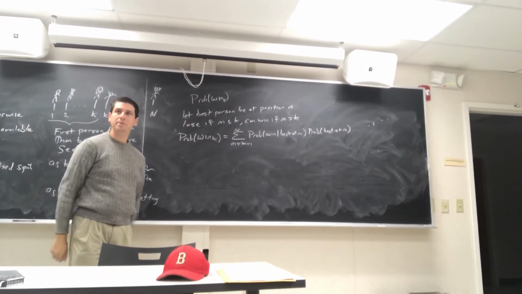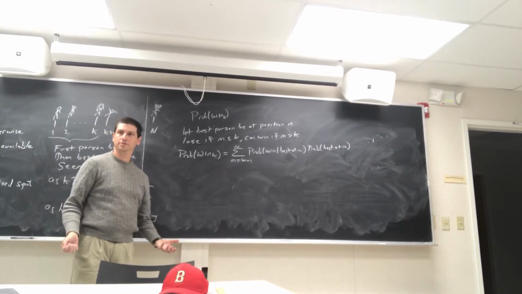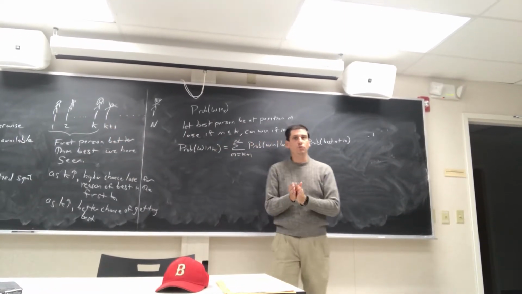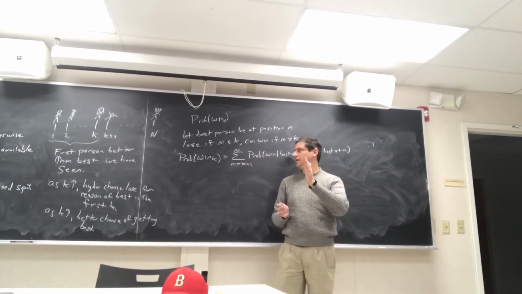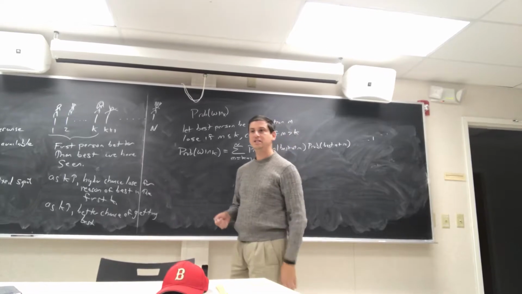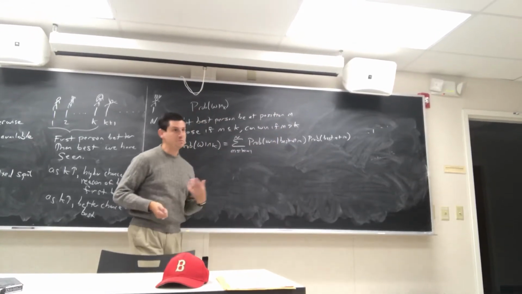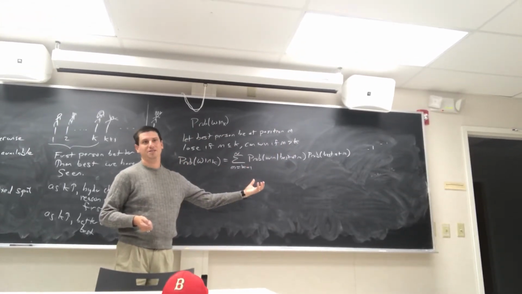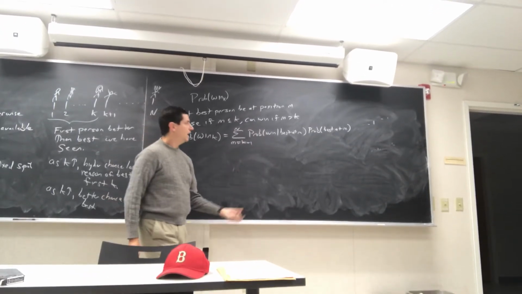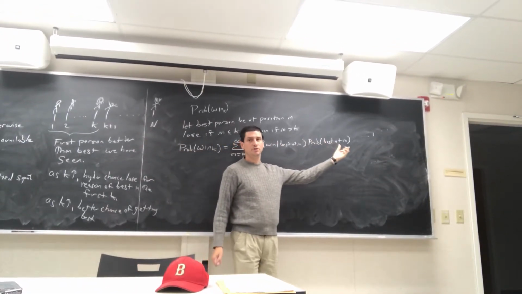We've seen this many, many times before. We're partitioning, right? If we're going to win, we can win with either the best person at k plus 1 or at k plus 2 or at k plus 3 all the way up to n. These are independent events. The best person can't be at both spots 17 and 35. And this is just conditional probability.